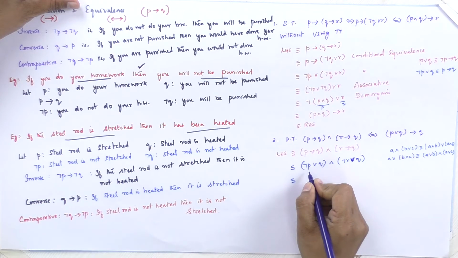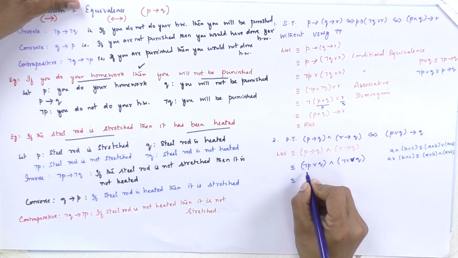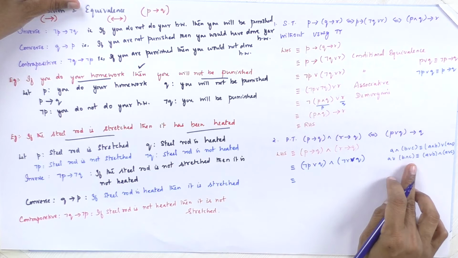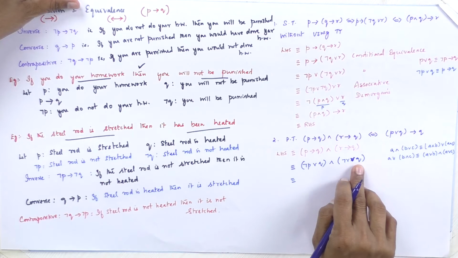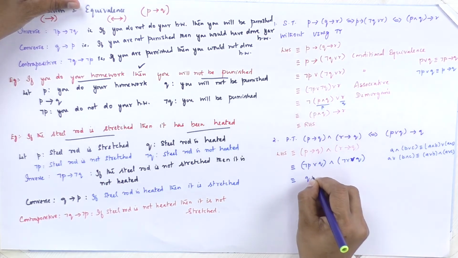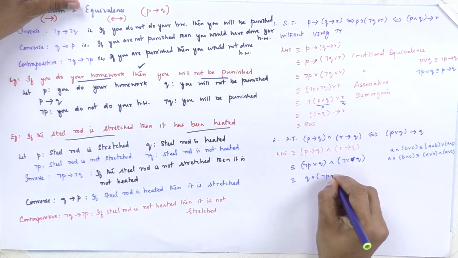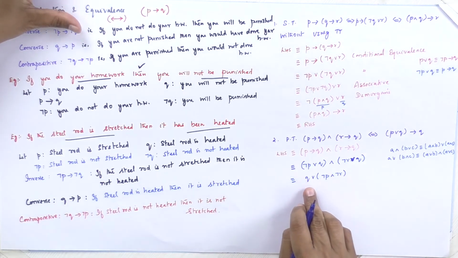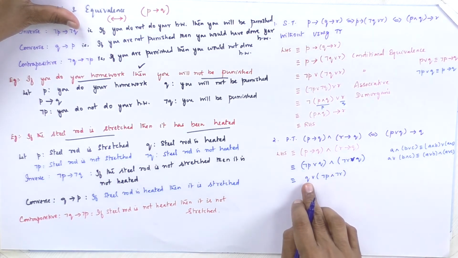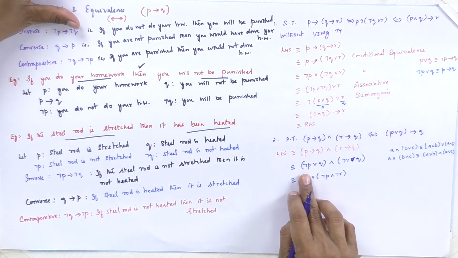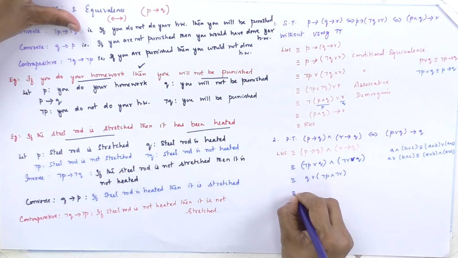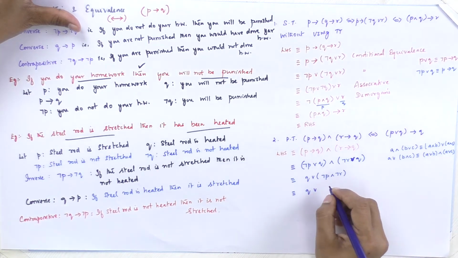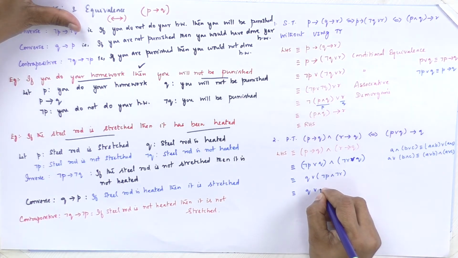So I will have to find out what my A is. My A is negate P. I'll have to see the common term. The common term here is Q. So I can write this as Q or negate P and negate R. If I apply the distributive, then I get this as Q or negate P and Q or negate R. So this is again equivalent to Q or, I can apply De Morgan's and take this outside.